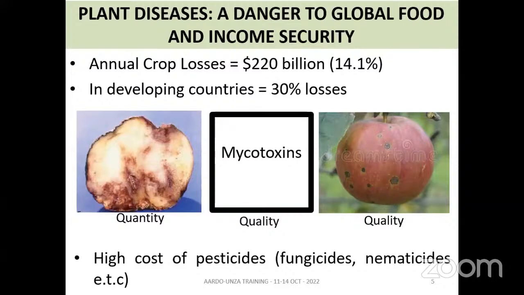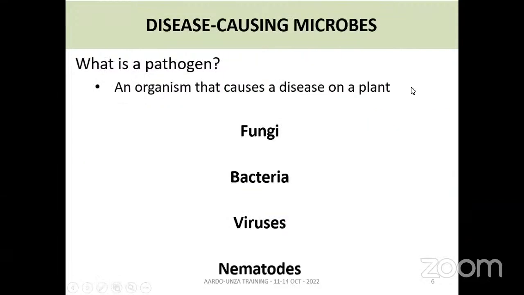But still, there are huge quantities of dollars that are spent on this annually. And so all this has necessitated the need to control plant diseases. Like I said, I gave examples of fungal diseases, bacterial diseases, and virus diseases. We will discuss nematodes in the module tomorrow.